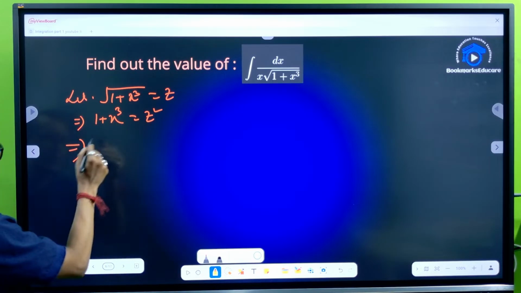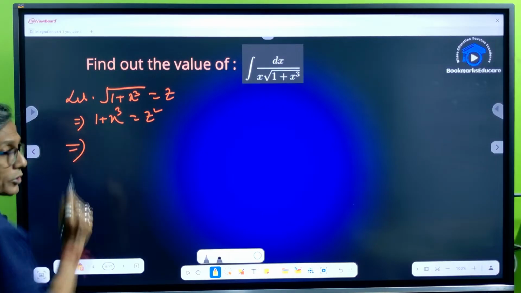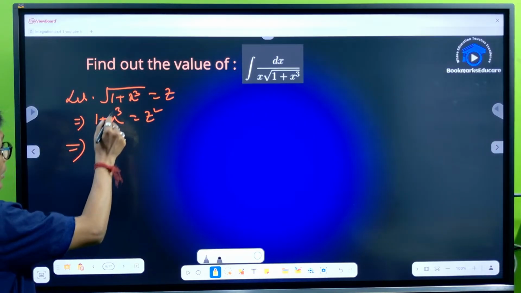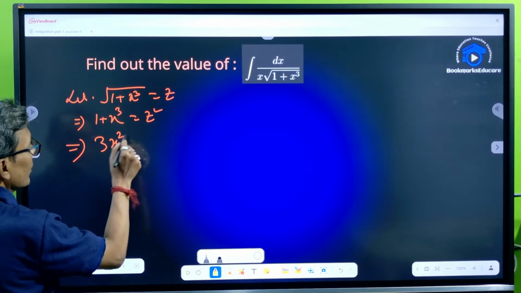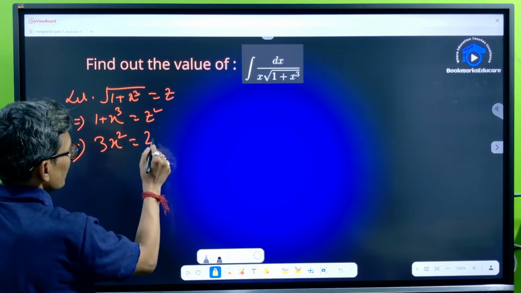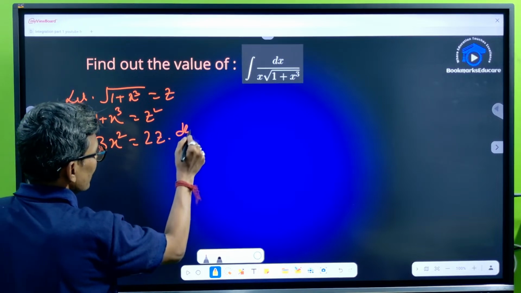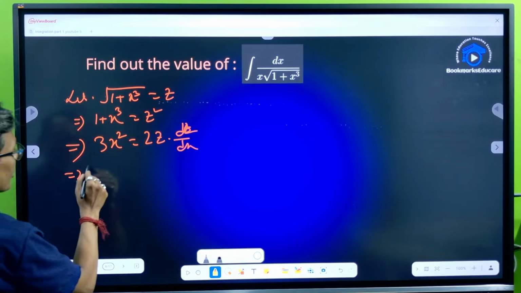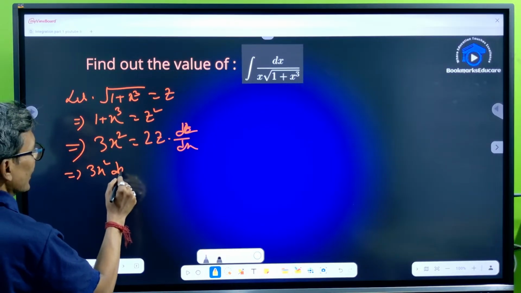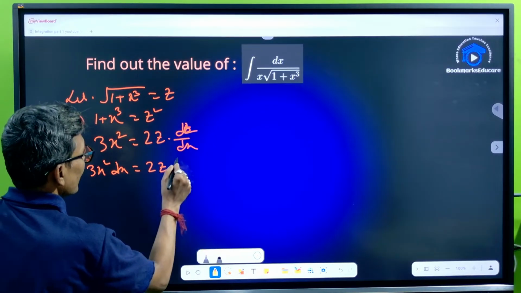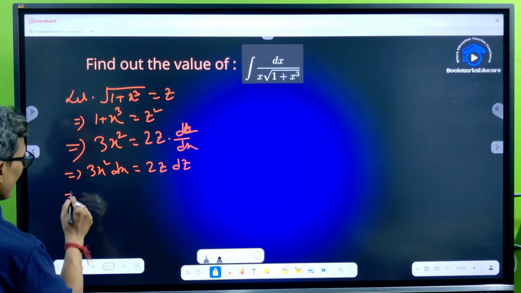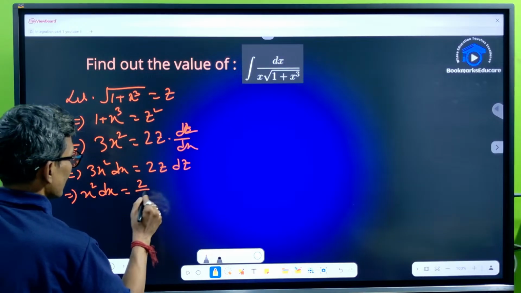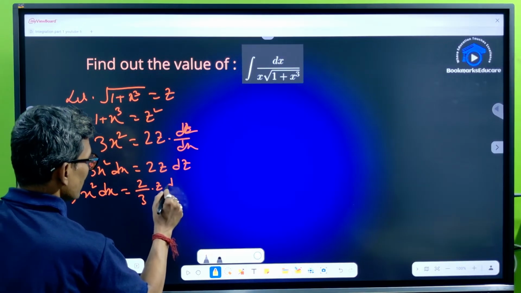Differentiating on both sides with respect to x. So 1 differentiates to 0, d/dx of x cube is 3x square, d/dx of z square means 2z into dz by dx. So 3x square dx is equal to 2z dz. So x square dx is equal to 2/3 into z into dz.